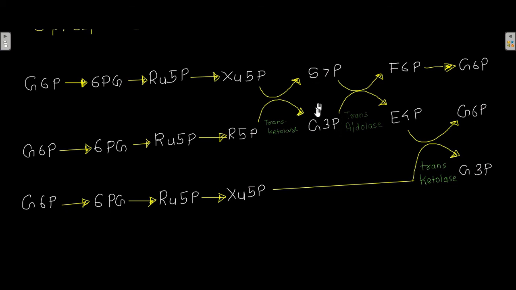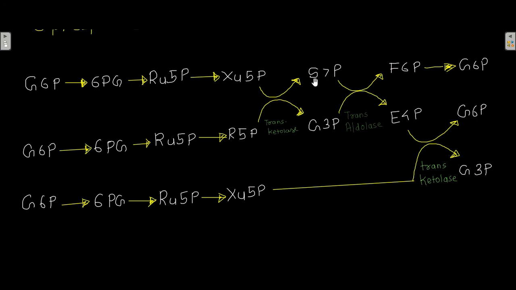So if you need the 7-carbon sugar for any biosynthesis, then you can take it out from here. That's the purpose of this pentose phosphate pathway, to convert glucose into 7-carbon sugar, then 3-carbon sugar, then 4-carbon sugar, then 5-carbon sugar, for various kinds of biosynthesis. So both 5-carbon sugars combine to give a 7-carbon sugar and a 3-carbon sugar in the form of sedoheptulose 7-phosphate and glyceraldehyde 3-phosphate.